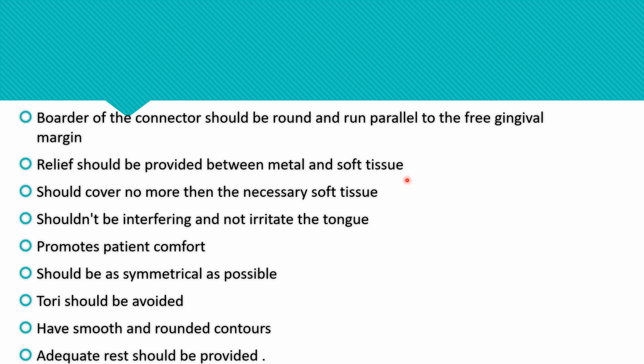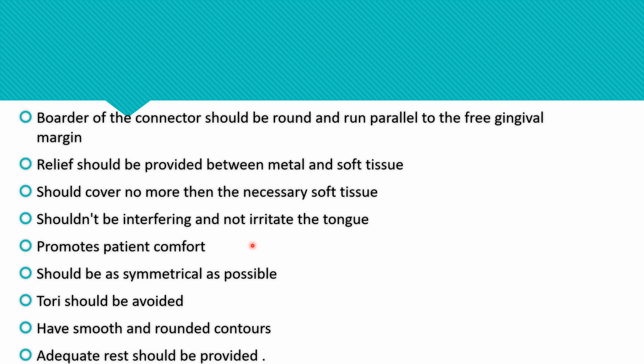The major connector should cover no more than the necessary soft tissues, and shouldn't be interfering with or irritating the tongue. Okay, promote patient comfort, that's our goal. The major connector should be as symmetrical as possible.